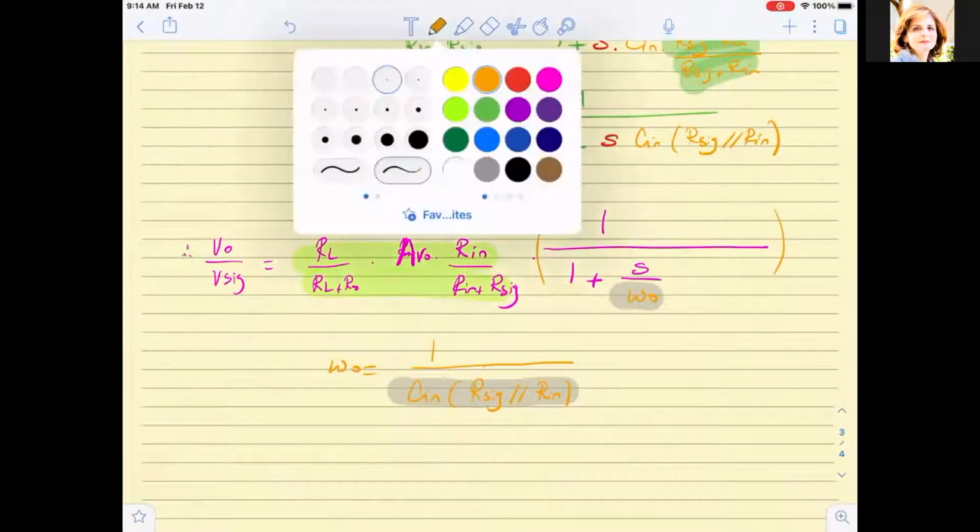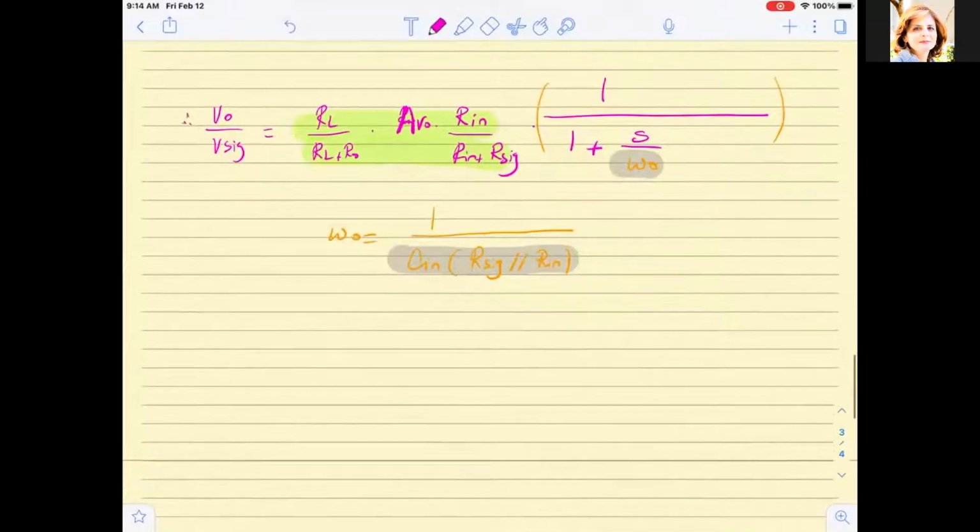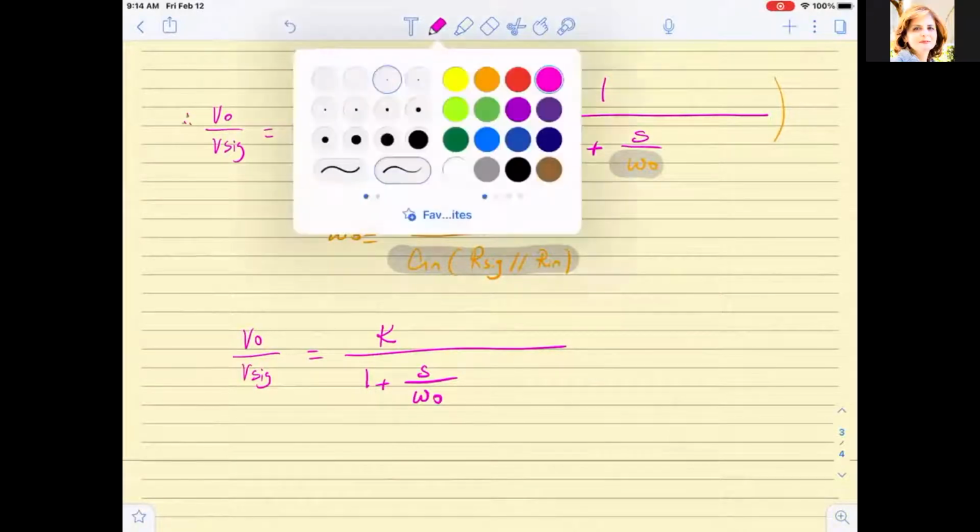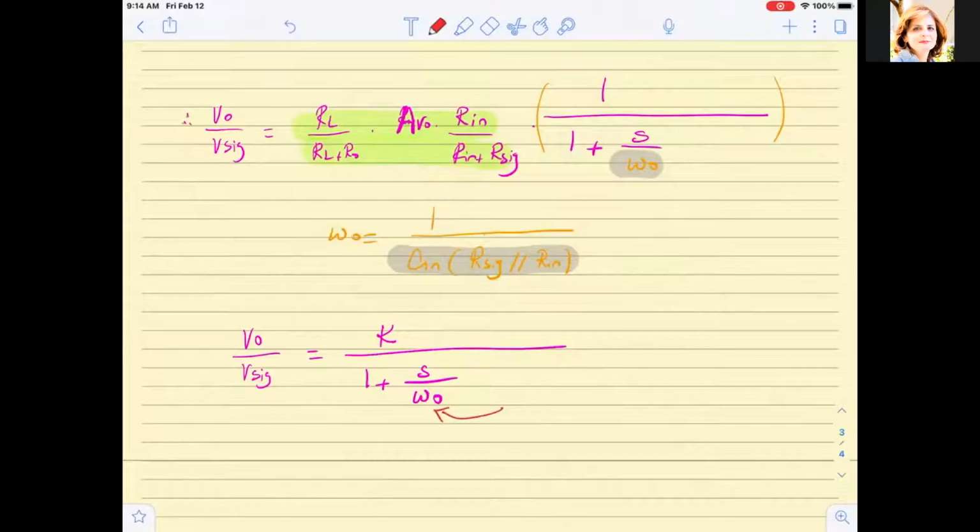So practically speaking, I can now write Vo over V sig as K over 1 plus s over omega 0. Now this omega 0 is a property of the circuit elements, my circuit R and C values.